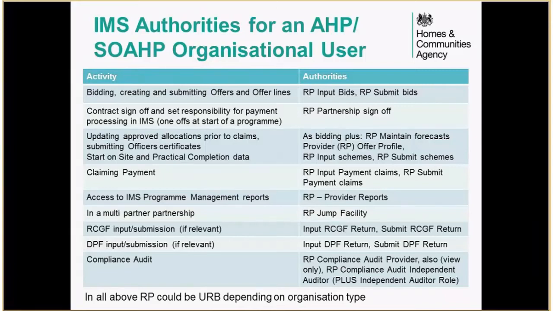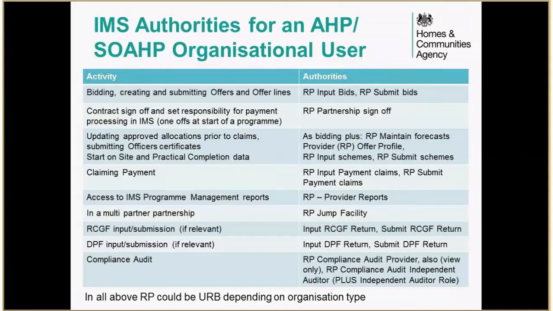In terms of your independent auditor, they would need the RP Compliance Audit Independent Auditor authority, but they would also need something that's new within IMS, which is a role. So when you log on to IMS now to set up users and change their authorities, you will notice that there are three options at the top.